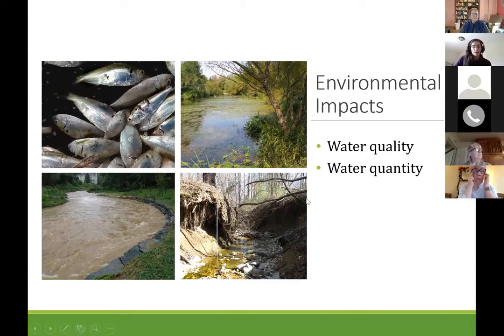So if you see this lower right-hand corner, the stream is pretty eroded. Its banks are undercut, because we have an issue with the water quantity. The more and more we put up homes, pave our streets, our sidewalks, more hard surfaces all lead to a greater quantity of stormwater runoff.